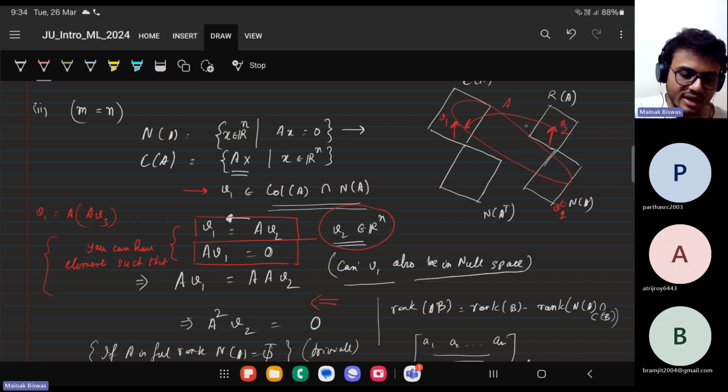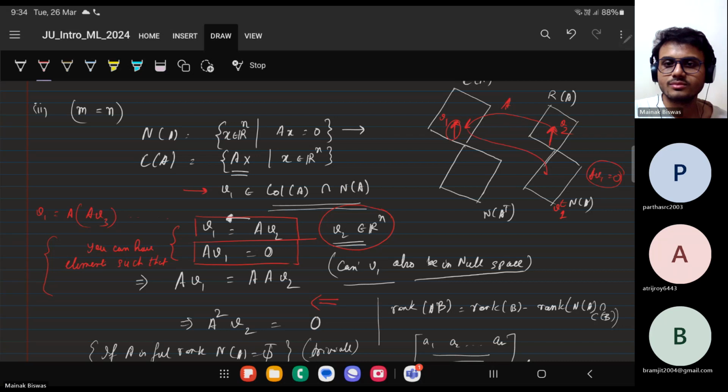So if I multiply this vector with A, I got this V1. But I'm also saying A V1 is equal to 0, which means that can also happen, right? So both of these spaces can have common elements.